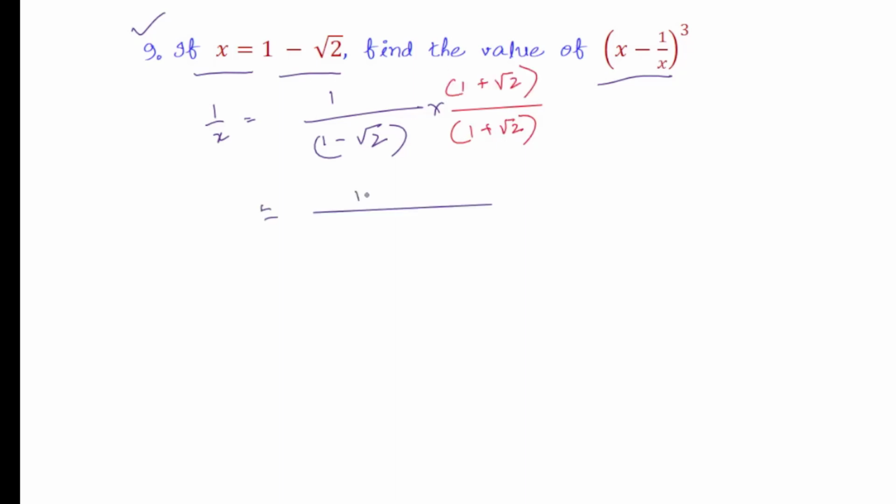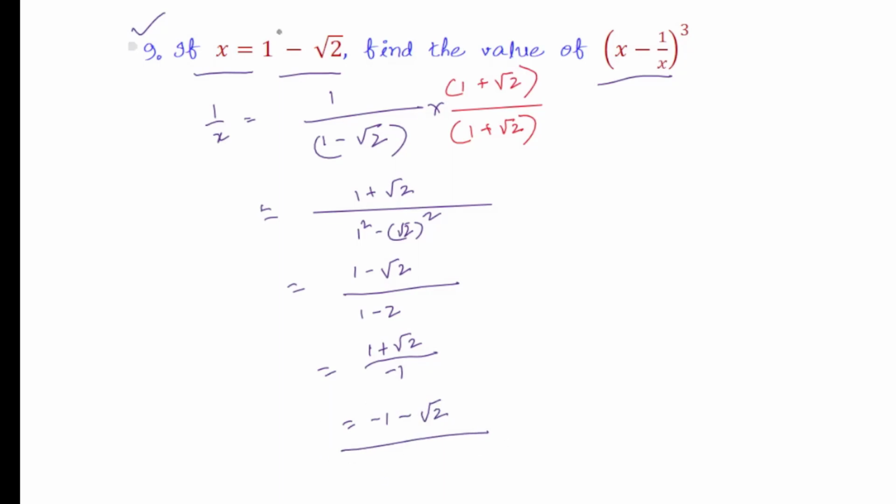In the numerator it is 1 plus root 2, and the denominator is a square minus b square, so 1 square minus root 2 square. So this is equal to 1 plus root 2 divided by 1 minus 2. Sorry, this is plus only. 1 plus root 2 divided by minus 1, or you can write minus 1 minus root 2. This is the value of 1 upon x.